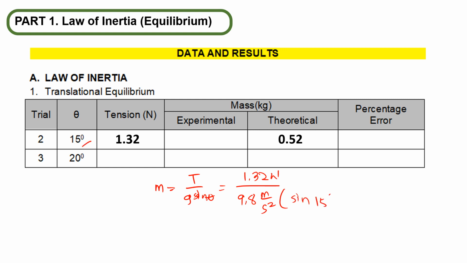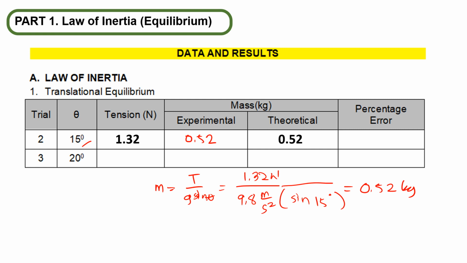So this is 1.32 divided by 9.8 multiplied by sine 15. The answer here is 0.52 kilograms. This is the experimental value, and we place it here.